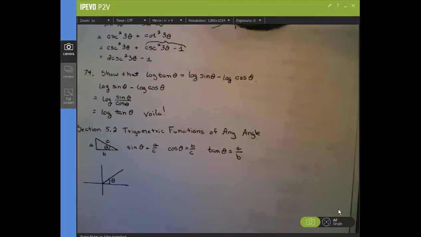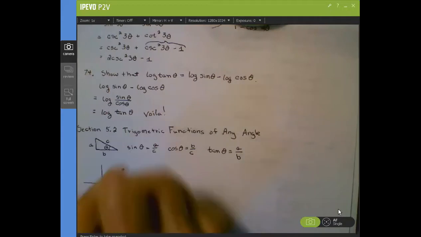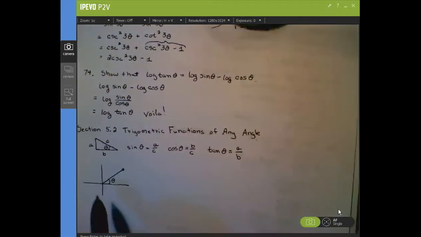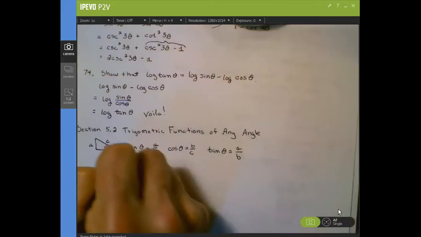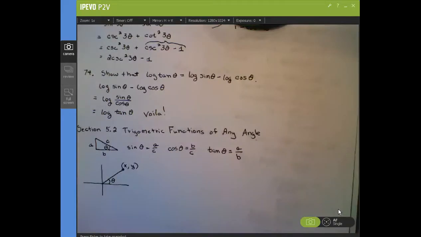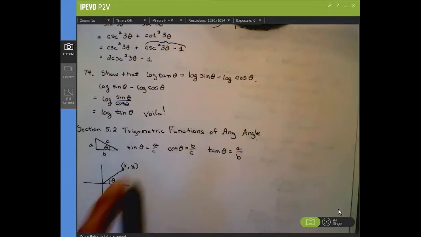And notice no matter where that terminal side is, there's going to be a point on the terminal side, and we can label that point x, y. And what we're trying to do is take the 6 definitions that we already know and somehow apply them to any angle in the Cartesian coordinate system.